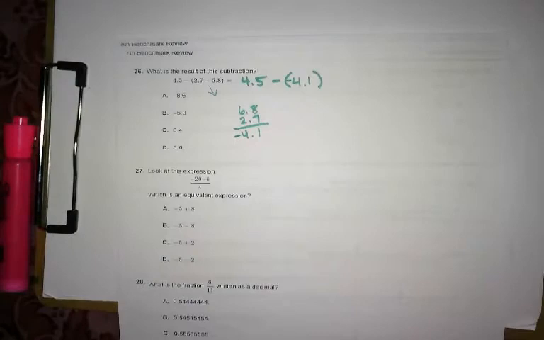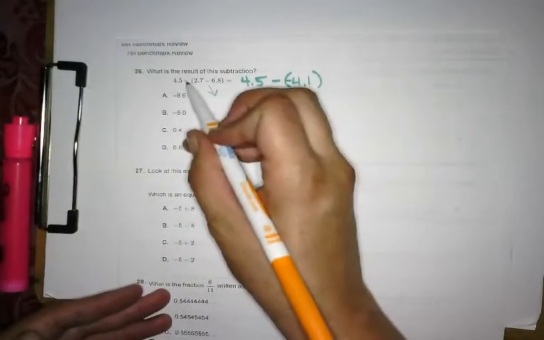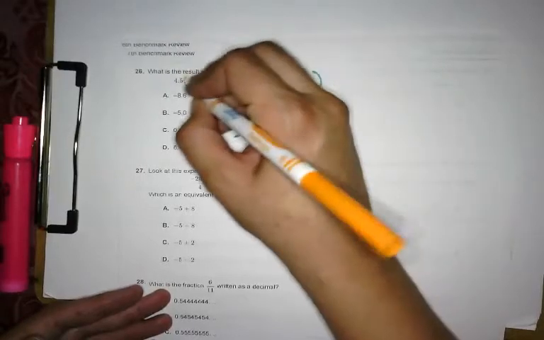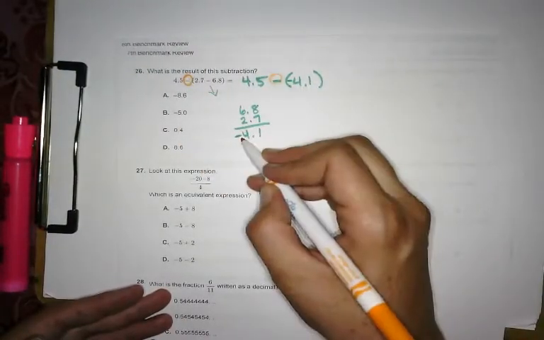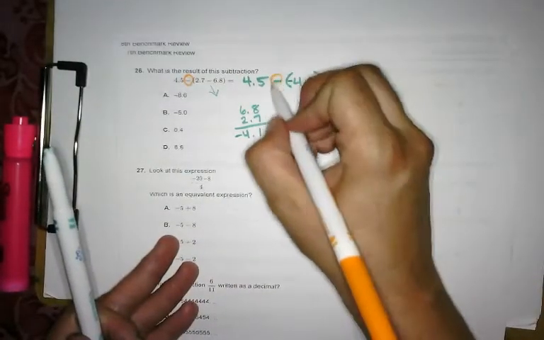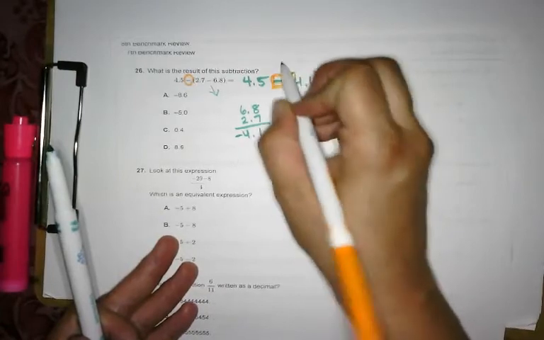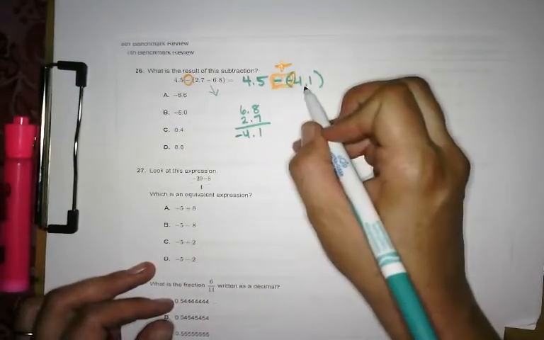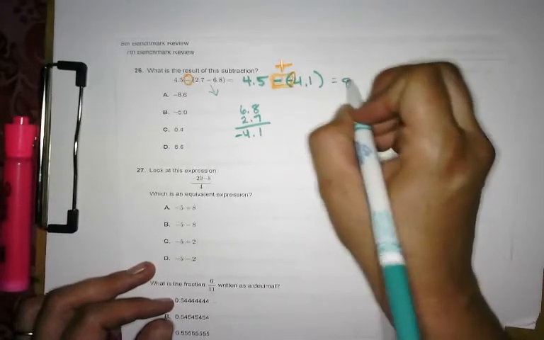So this negative and negative, since I'm subtracting here, that's this sign. But I also have a negative sign here, right? So this negative sign and that negative sign are with the 4. So I need to rewrite this with a plus. So it's really saying 4.5 plus 4.1, so that equals 8.6.